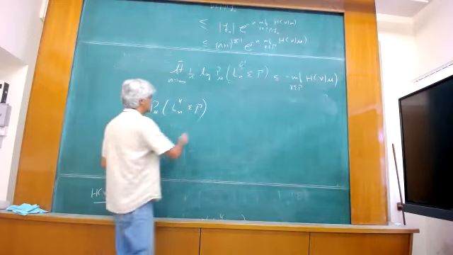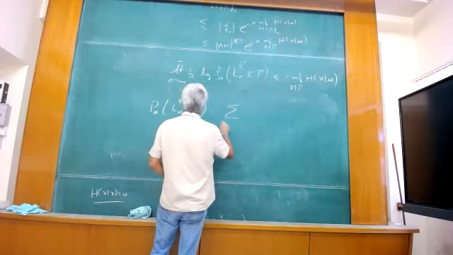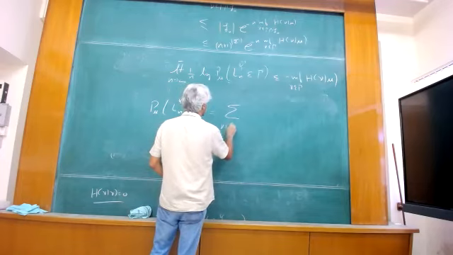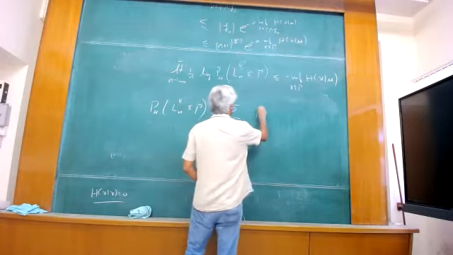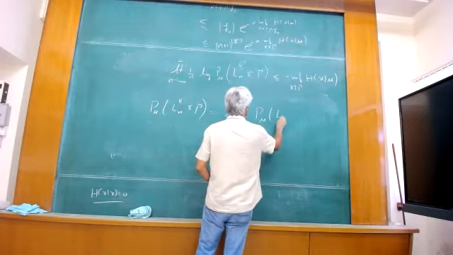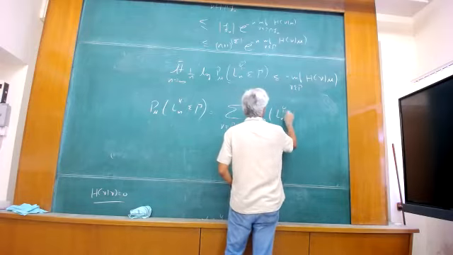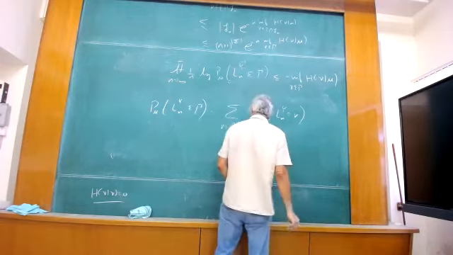So this again I'm going to write as the summation over mu in gamma intersection with ln of the probability of mu.